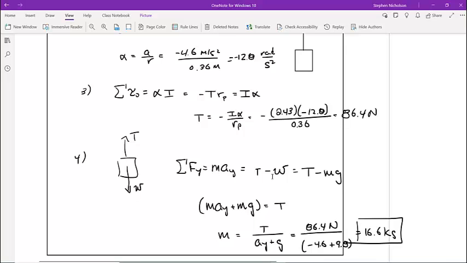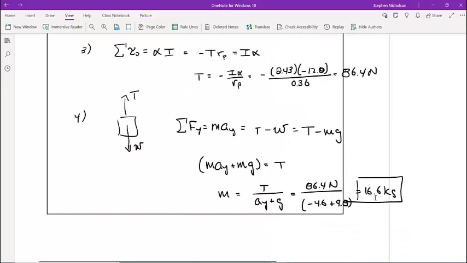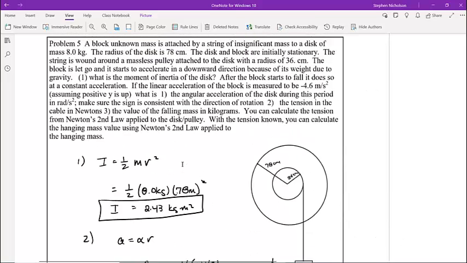We don't know the mass, but you can see I can move these two terms to the left-hand side because the weight is the mass times the acceleration due to gravity. So this becomes positive. Factor out the mass, divide by the sum of these two other things, and you plug your numbers in, and you get 16.6 kilograms. And that is all there is to it.